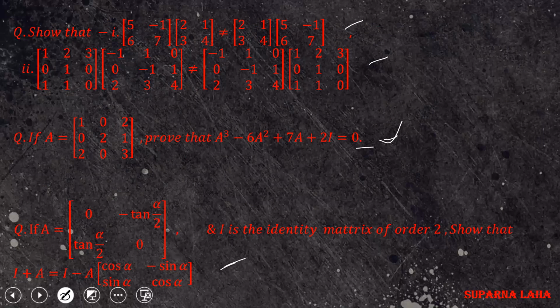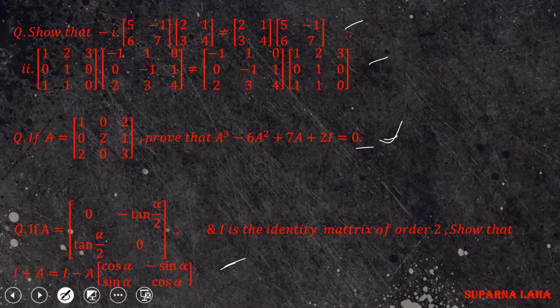And to you, my question at the end of this video is: does any matrix exist such that if we multiply two non-zero matrices, we get a 0 matrix? This is my last question, and think about it. Next day, we will talk about this one.